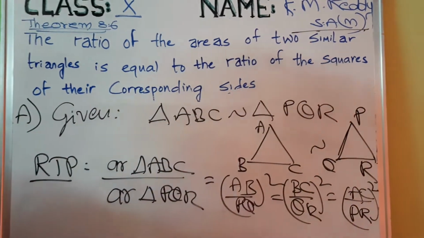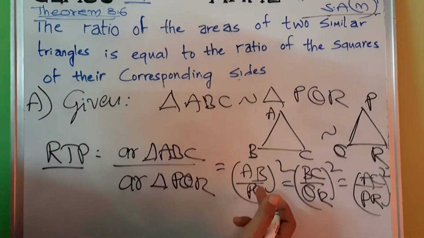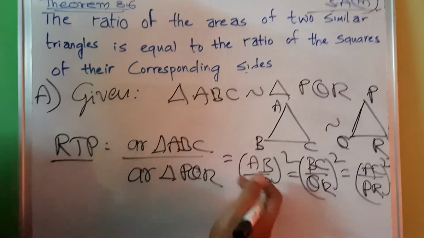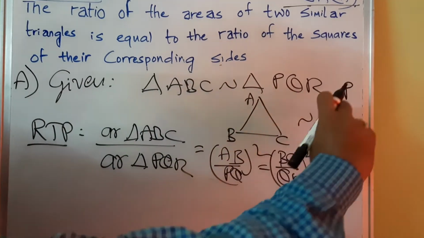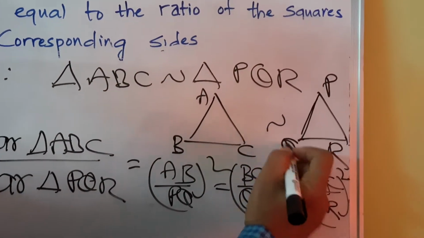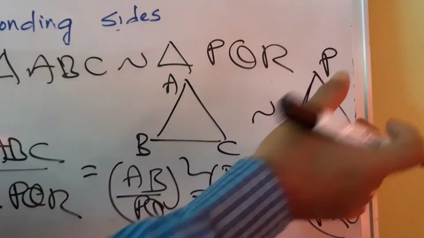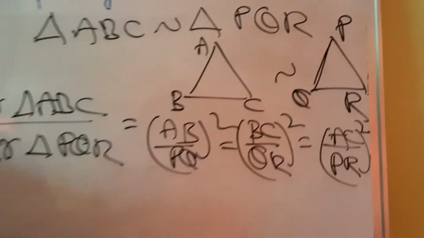This is our RTP. The RHS means the ratio of the squares of their corresponding sides. So here AB is corresponding to PQ and BC is corresponding to QR and AC is corresponding to PR. Then their squares are equal.